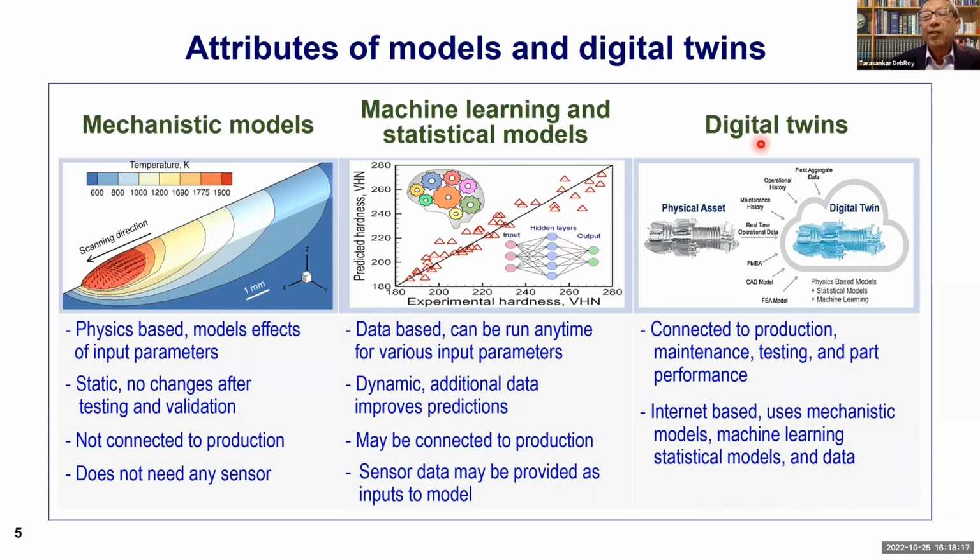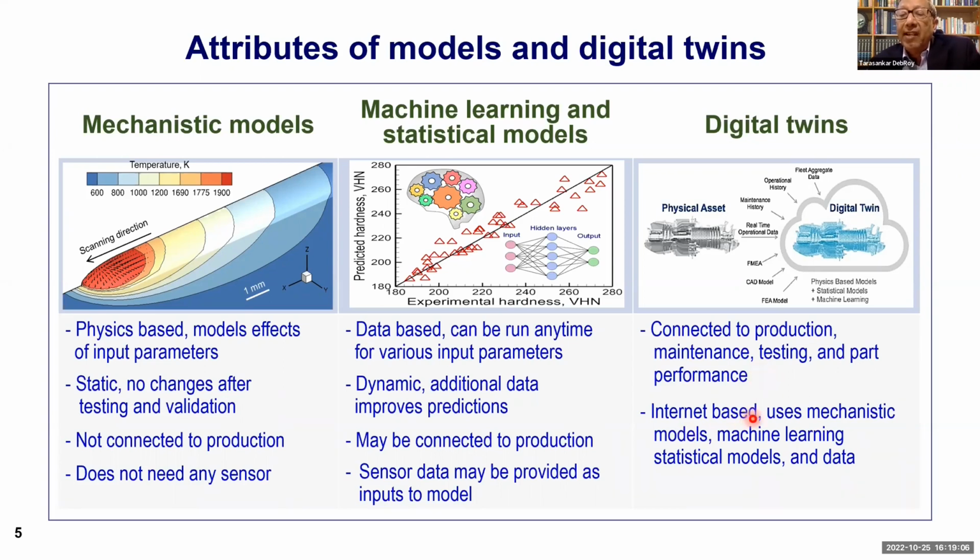So digital twin, here is an example. This is a physical asset, an engine. The data is fed by various sources. Here, the digital twin is connected to the physical asset via internet. It's connected to production, maintenance, testing, and even part performance. How does it do that? Based on past experience and based on models.